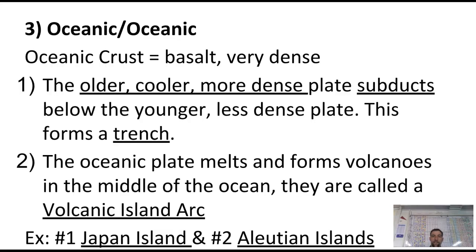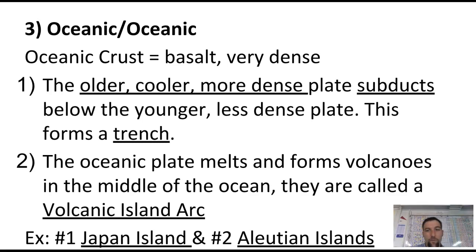All right, oceanic-oceanic. That oceanic crust is made of basalt rock. It's a lot more dense than your granite rock. The older, cooler, more dense plate subducts below the younger, less dense plate, and we could form a trench. So we could still have subduction zones going on. The younger the plate is, the less dense it's going to be.